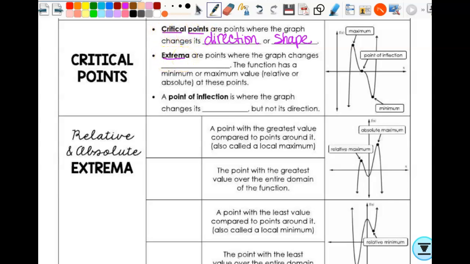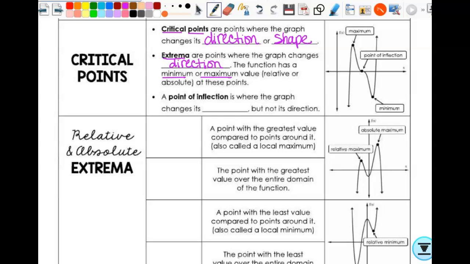They are extreme values. Extrema is just a different form of the word extreme. They are points on the graph where it changes direction. That's when you have a minimum or maximum. I'm sure you've talked about those words before, maybe not in the exact way that we're going to talk about them.